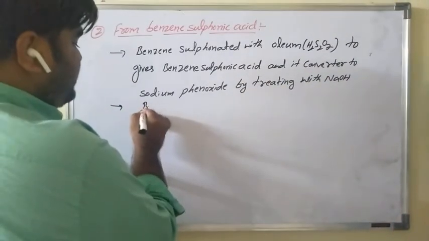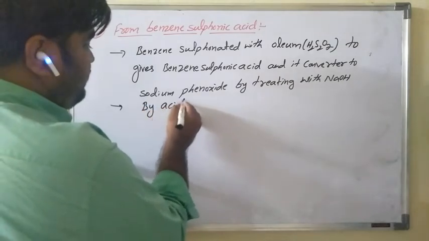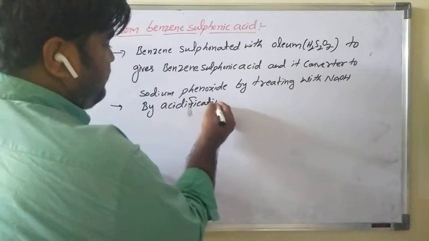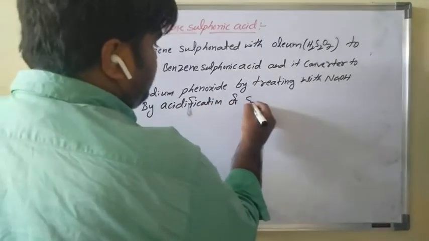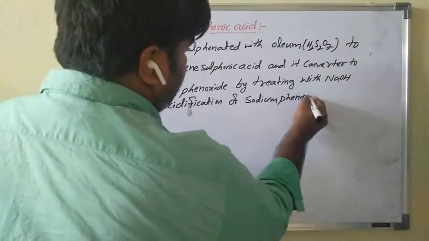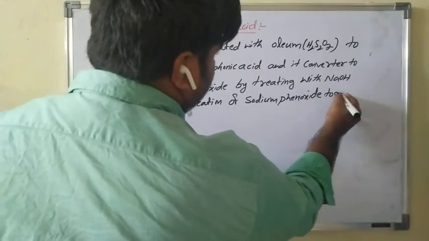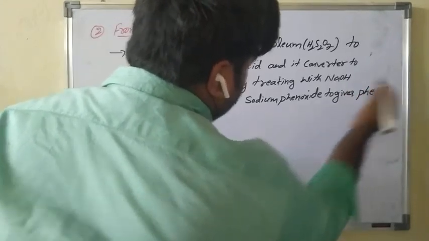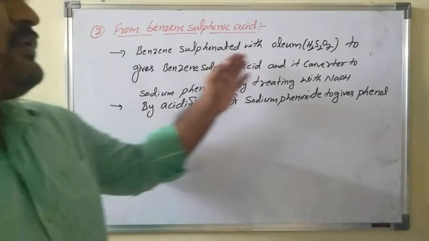So by acidification of sodium phenoxide, it gives phenol. Is it clear what I am saying? Simply, benzene is sulfonated with oleum.